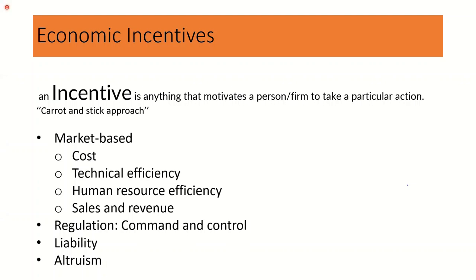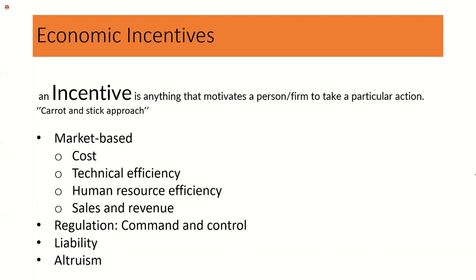You will have to have auditors coming regularly to check whether you comply with the standards. It'll cost a lot, right? So why would you want to do something that is costly? Those drivers, those motives, those reasons are called economic incentives.